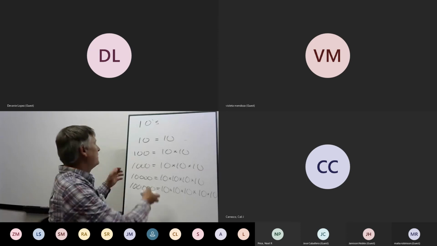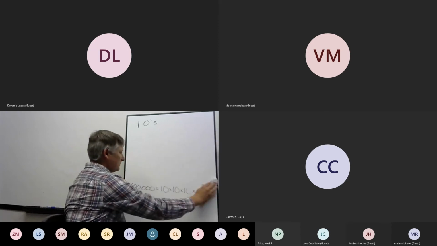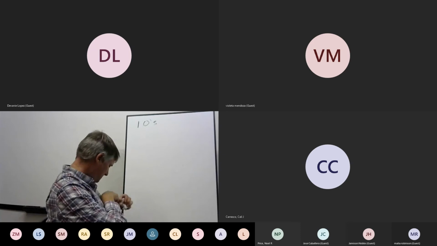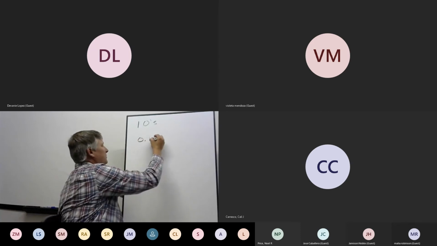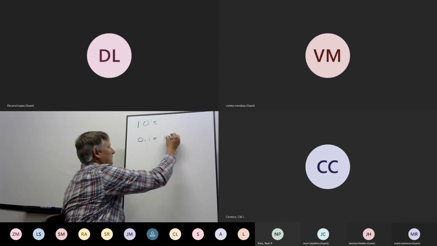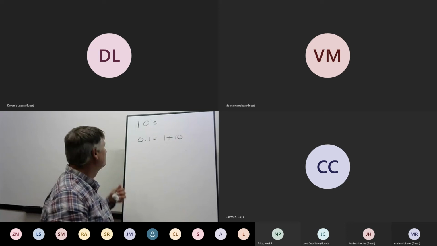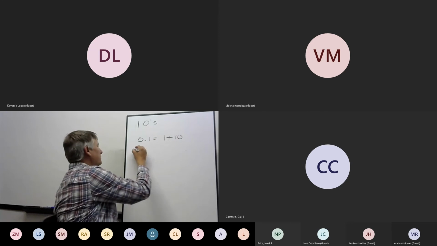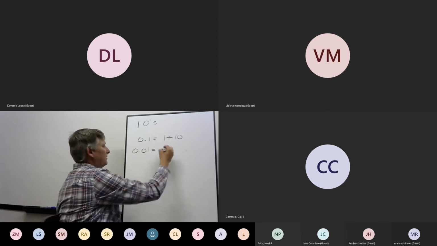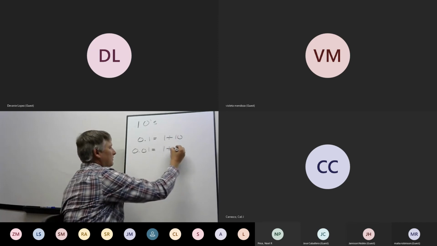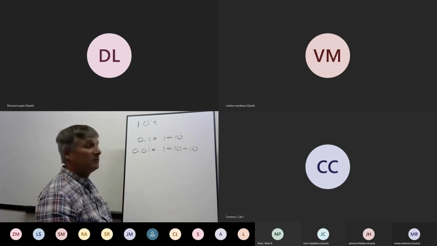So what we're going to do is go on the other side of the decimal. 0.1 will be 1 divided by 10. This is actually 1/10. 100, we divide by 2 10s.